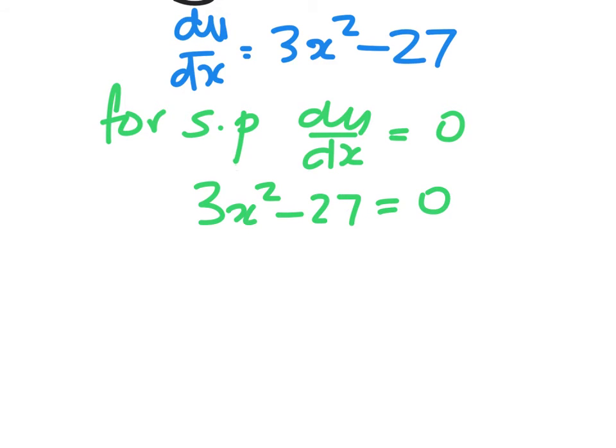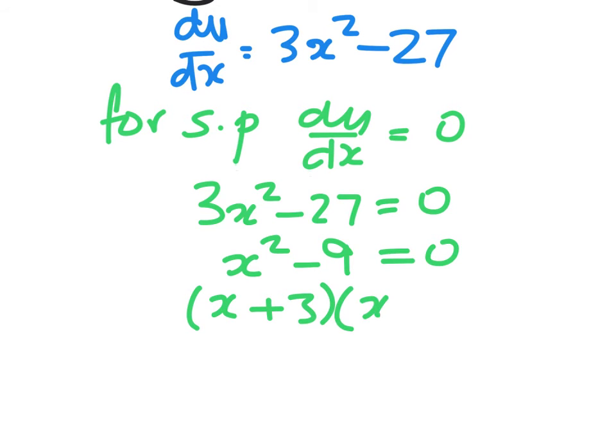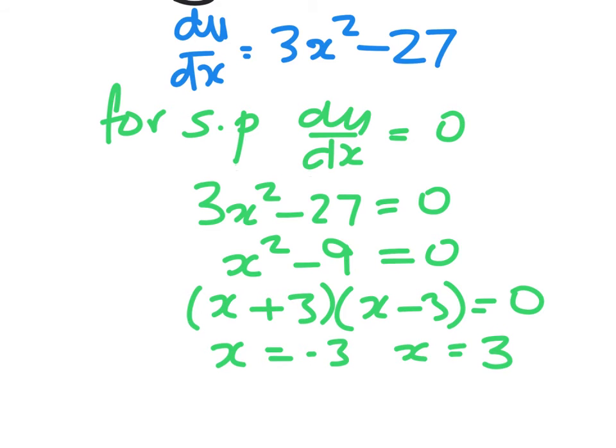Solve that. If I divide by 3, I get x squared minus 9 must be 0. And if I factorise that, difference of squares, I get x is equal to -3 and x is equal to +3.